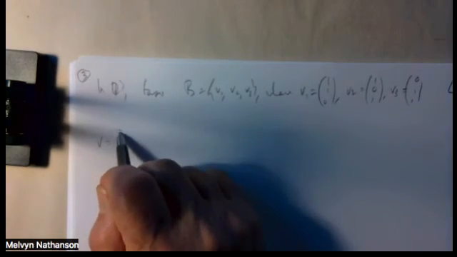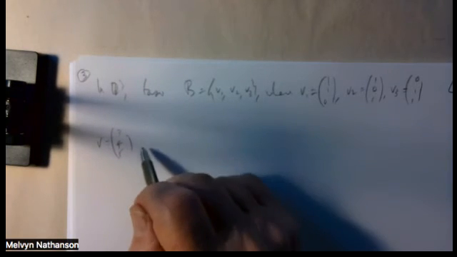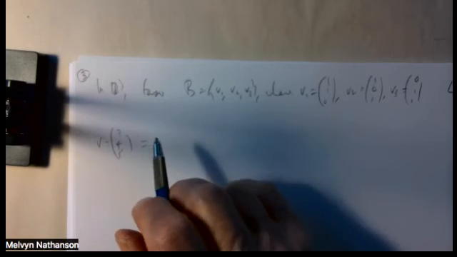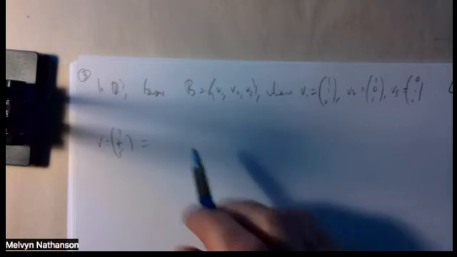And if I take the vector (3, 4, 5), I can write this as some linear combination of these 3 vectors.